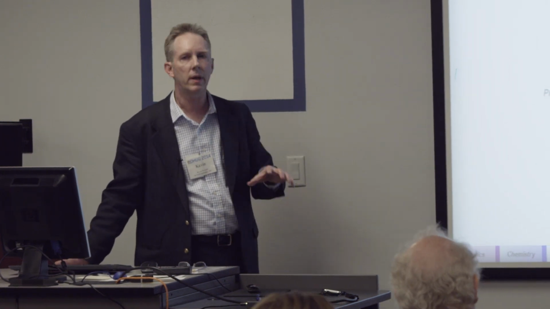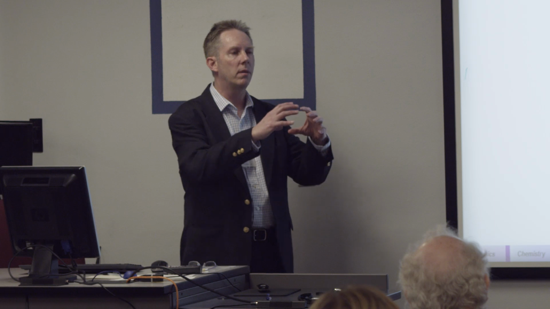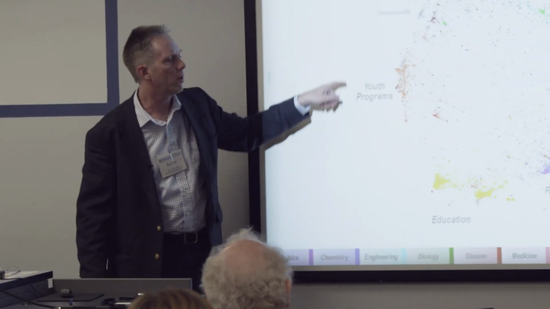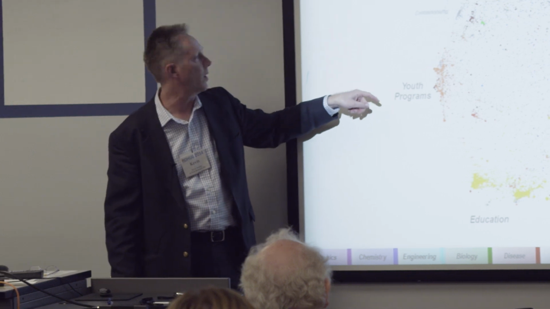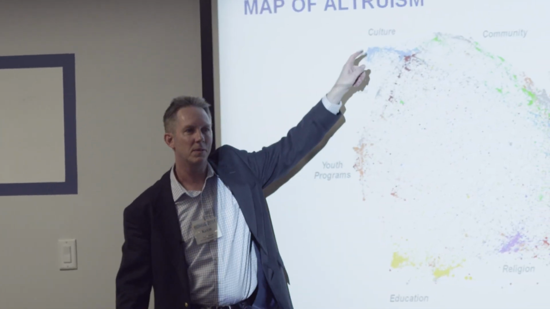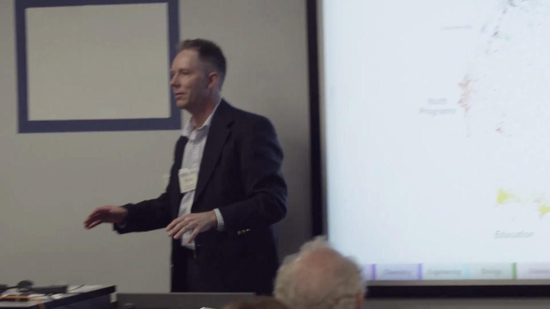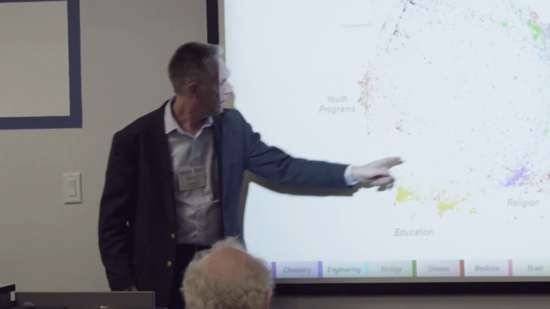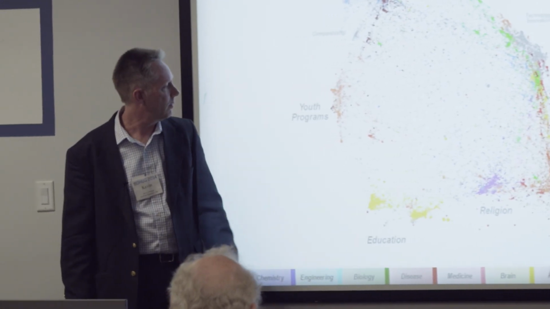But when you look at the features of the map, what you have is youth programs and sports-related programs over here. All of your arts and culture, symphonies, theater, museums, all of that kind of thing. They're all up in here. Educational things are all here.